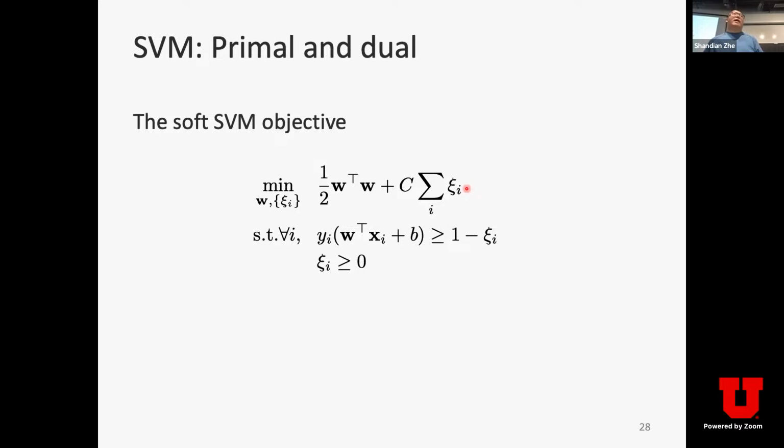In that way, I still expect that I can correctly classify most of the training examples so that my training error is very small. At the same time, because I maximize the margin, my generalization error bound will be upper bounded by the training error plus some term determined by the VC dimension, right? You have a small VC dimension, you have a small training error. Overall, you have a tighter bound, right? If you don't add this summation of the slack variables, you can imagine a lot of examples are just kicked out.